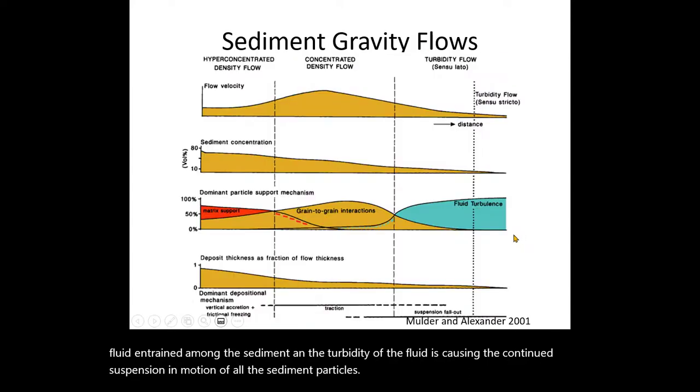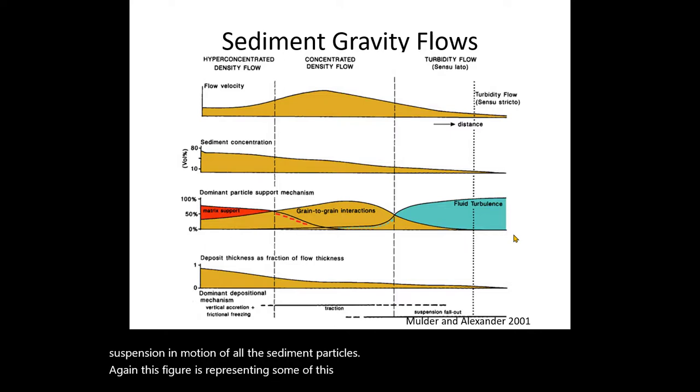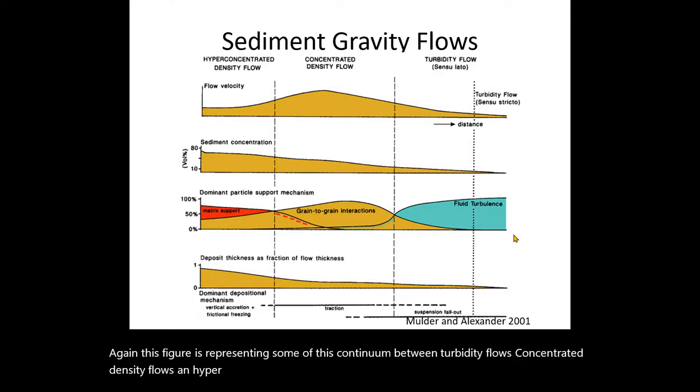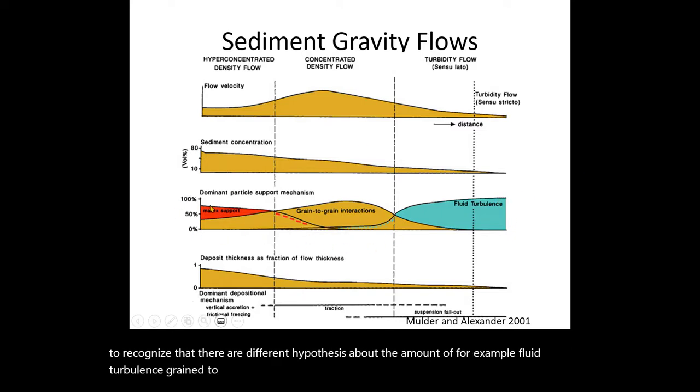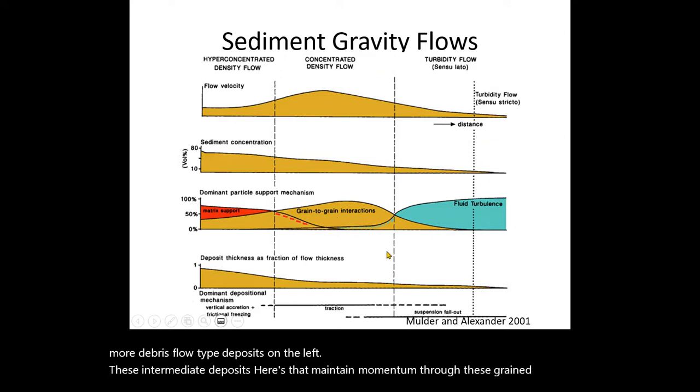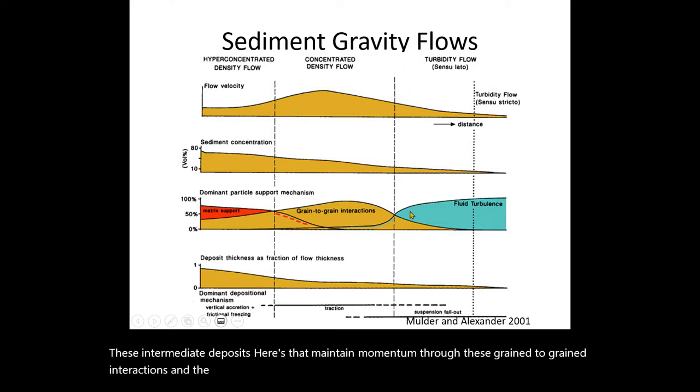Again, this figure is representing some of this continuum between turbidity flows, concentrated density flows, and hyperconcentrated density flows. I don't want to get too deep into this, but just to recognize that there are different hypotheses about the amount of, for example, fluid turbulence, grain-to-grain interactions, and matrix support that's going to occur between the more debris flow type deposits on the left, these intermediate deposits here that maintain momentum through these grain-to-grain interactions, and the fluid turbulence driven turbidity flows.